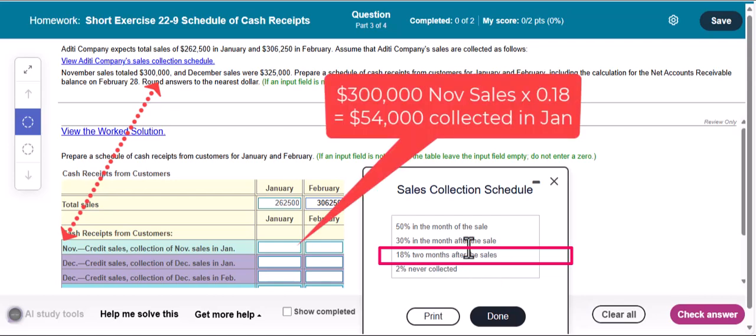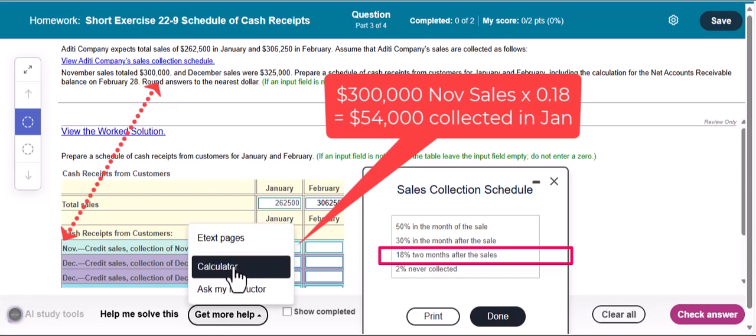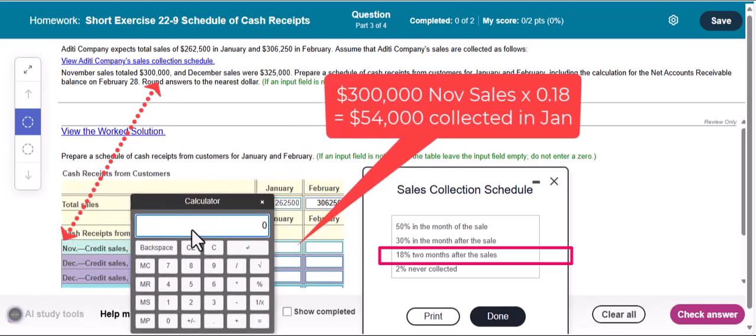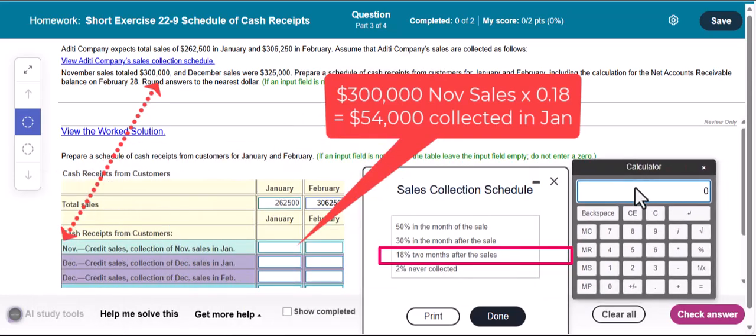So we'll take that 300,000 and multiply it by 18%, or 0.18. So that's going to give us 54,000 for January here. So we can enter that in.